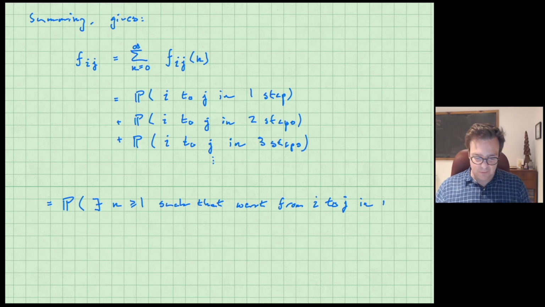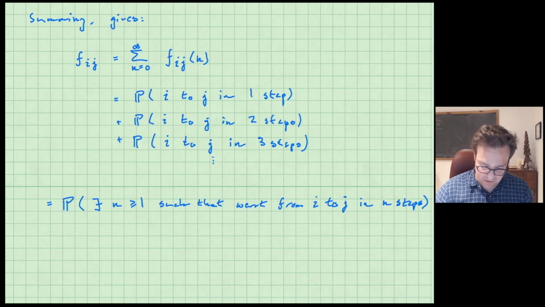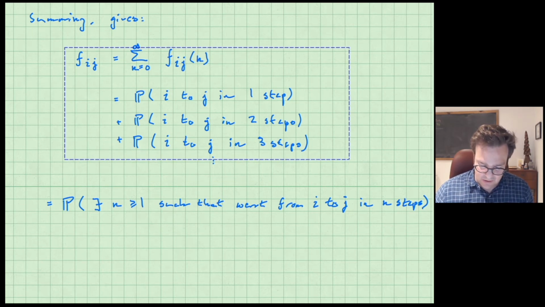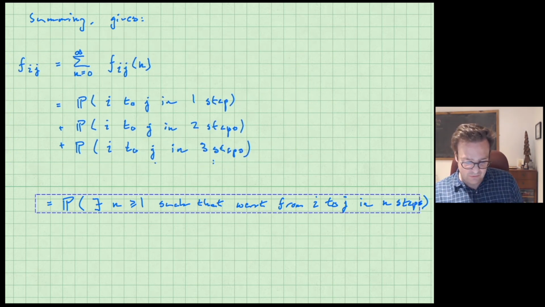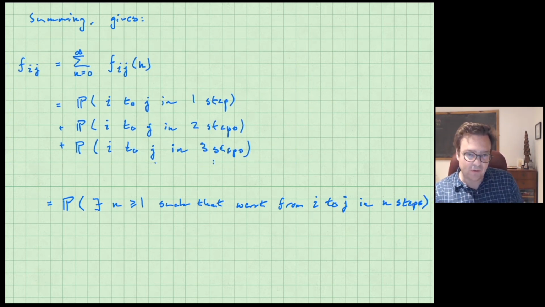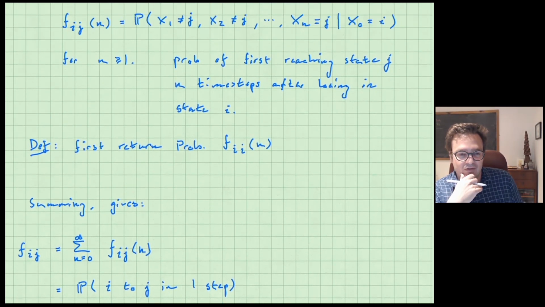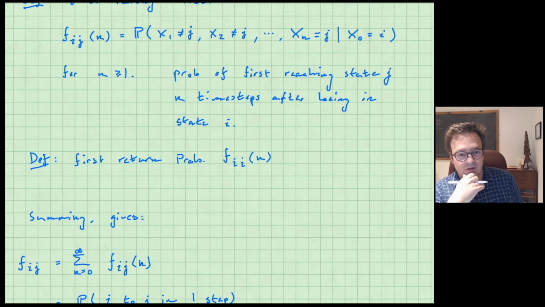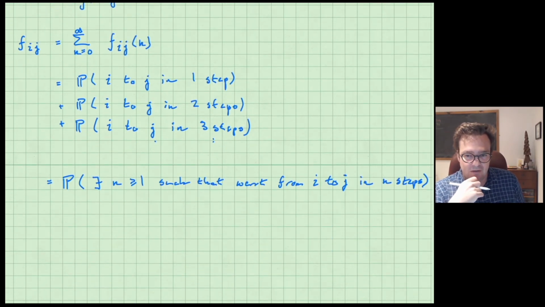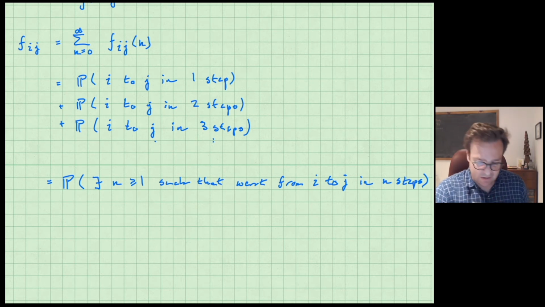Okay, so I don't have a name for this. If I find one that was hiding in my notes, I'll let you know. It's related to the first passage probability, but if you sum over all of those, it's the probability that there is some n that will get you from I to j.